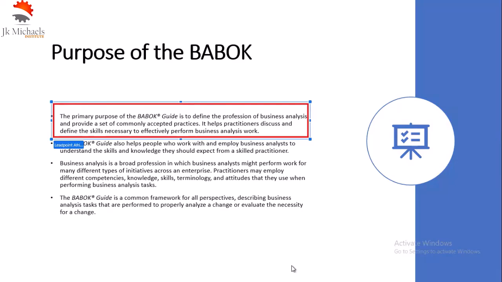Let me describe this very simply. Now, as a business analyst, you're supposed to have an understanding of a basic level of skill set, understanding of certain kinds of terms, be able to form a common language for discussing business analysis as a practitioner.